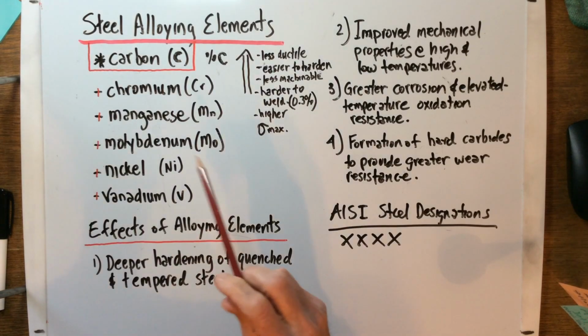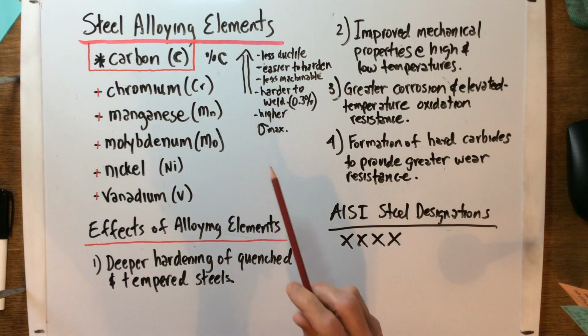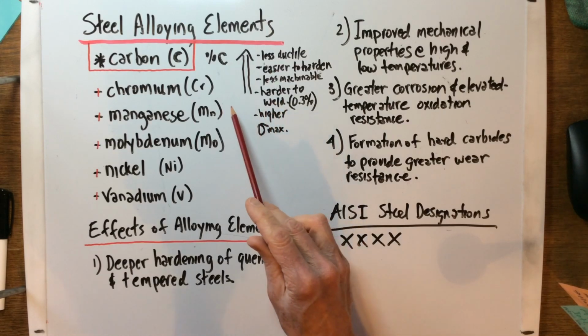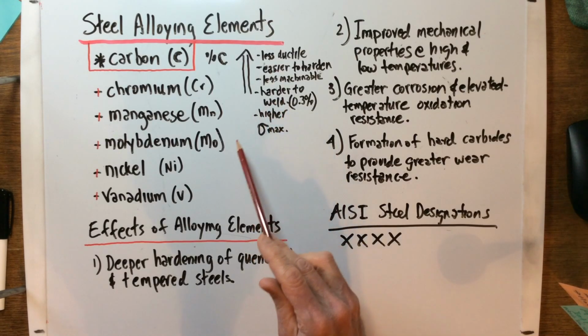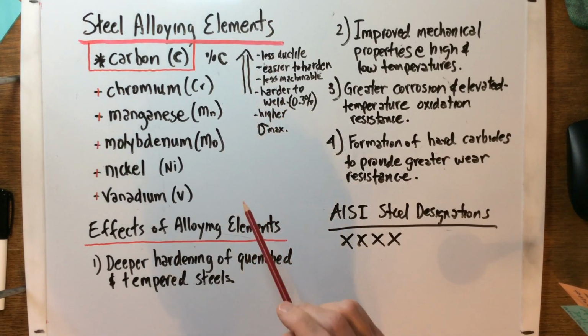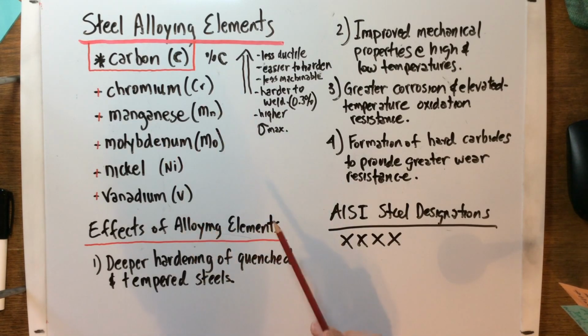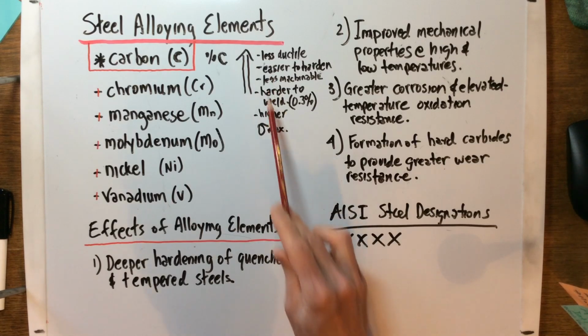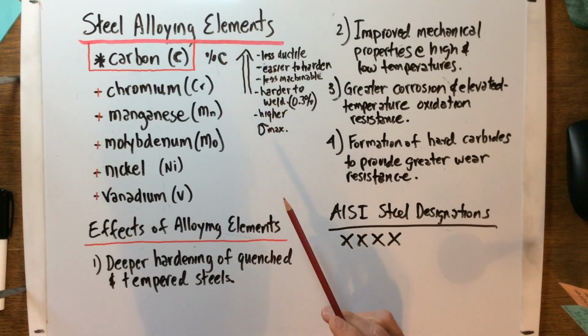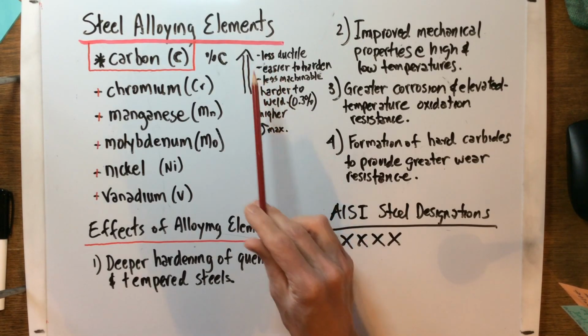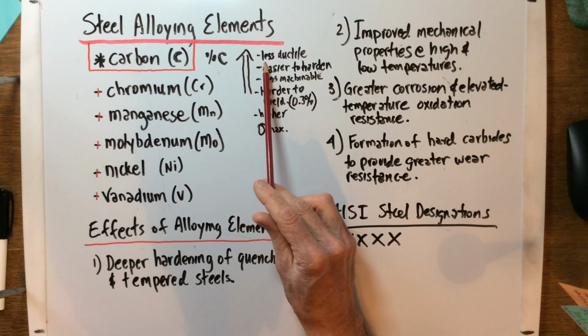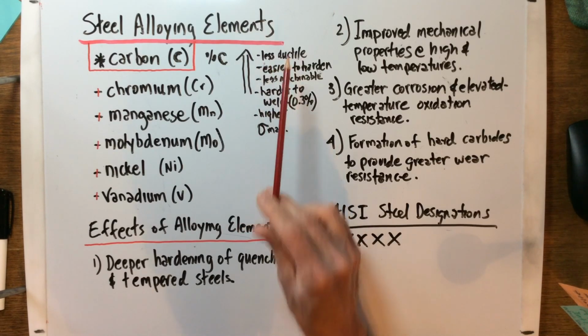Anyway, as an alloying element to steel, there are some changes that happen as incremental amounts of carbon are added to the iron. These following categories exist. As the carbon content increases, the steel becomes, of course, less ductile.